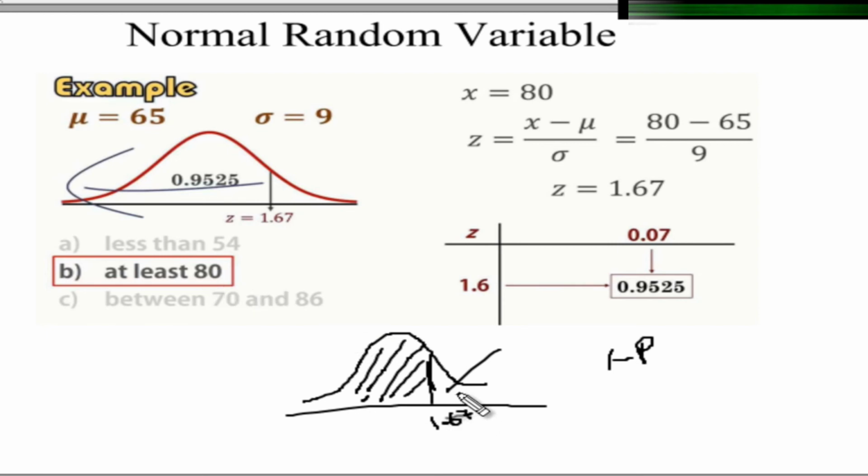So we have to find this white area, and we have to subtract from 1. So 1 minus the probability that z is less than 1.67.